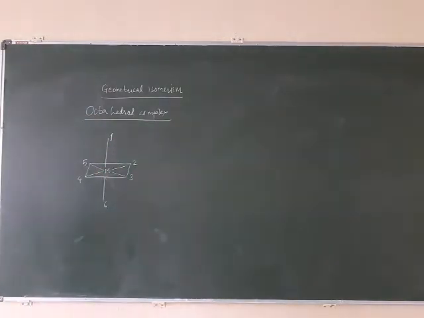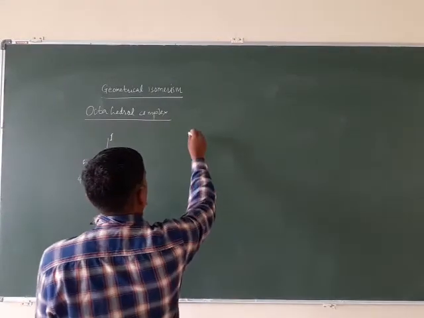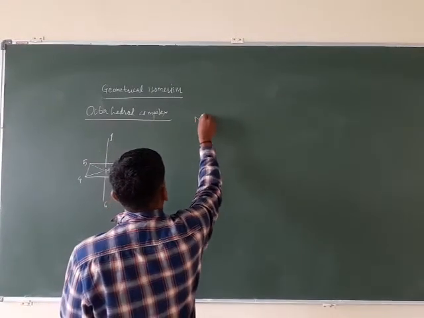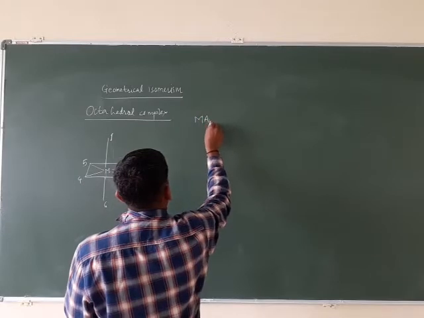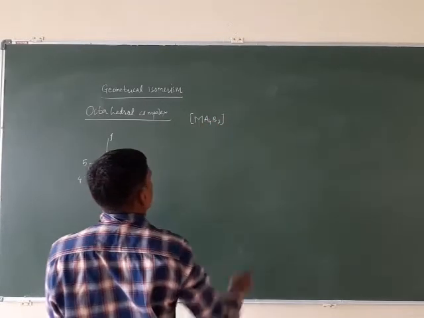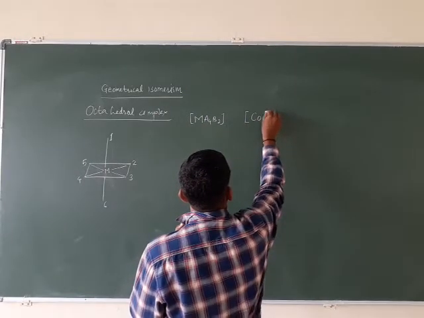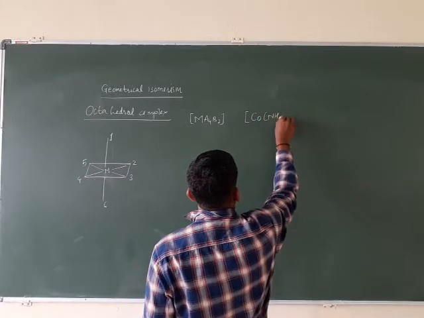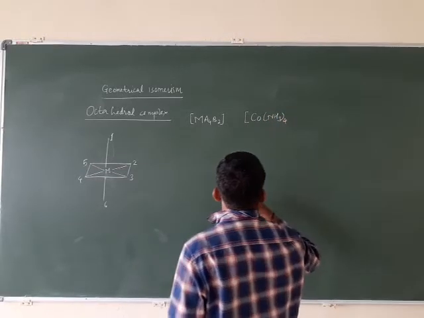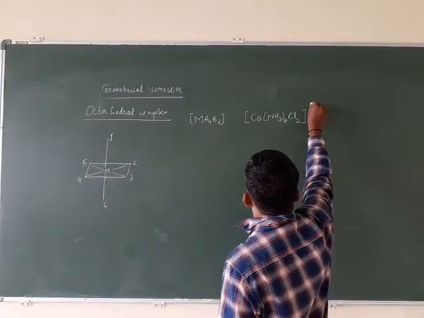So we are discussing the geometrical isomers in case of octahedral complexes. We will take an example of type MA4B2, or we will take a simple example of what we have studied: Co(NH3)4Cl2 plus complex.